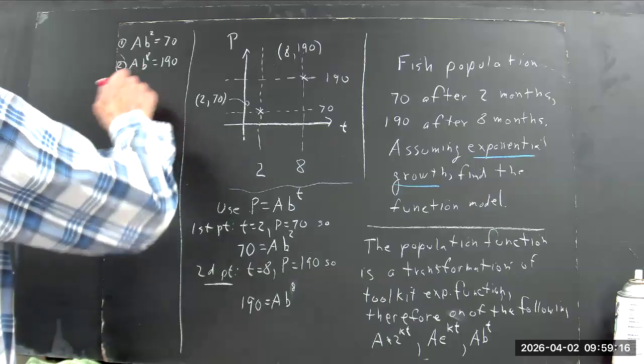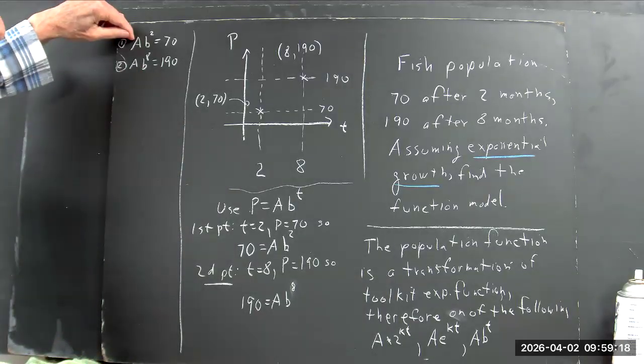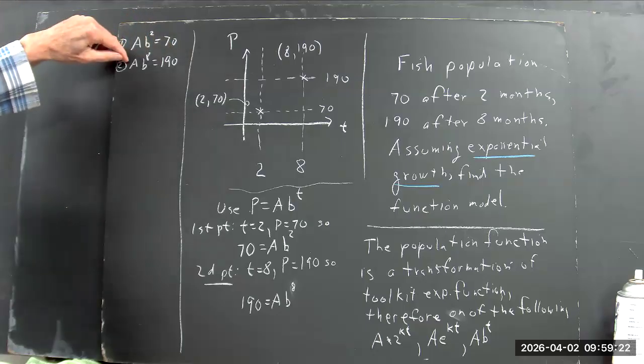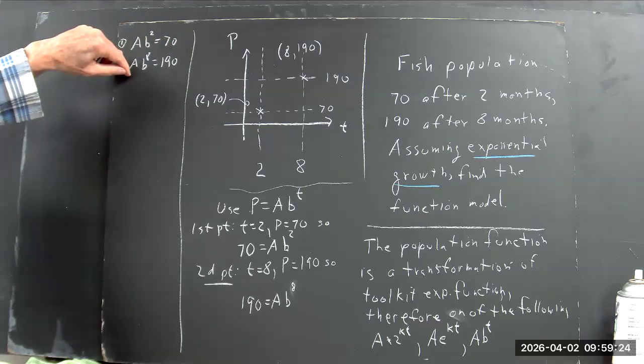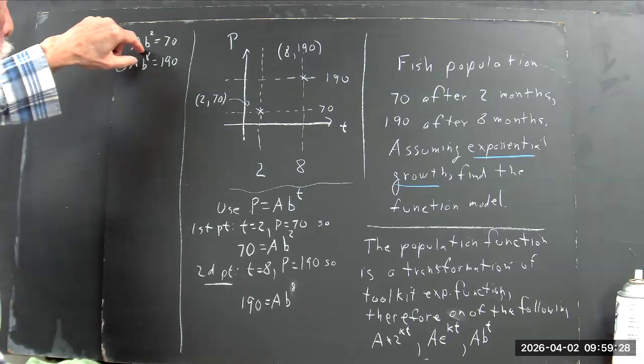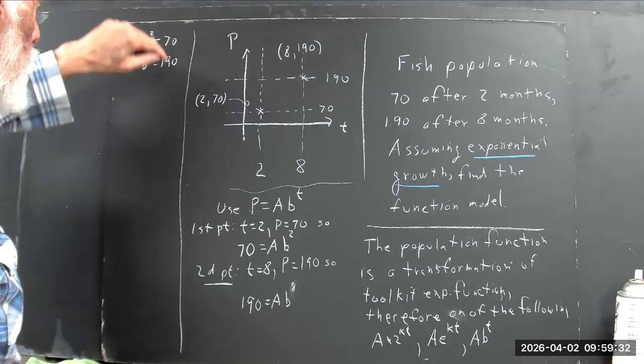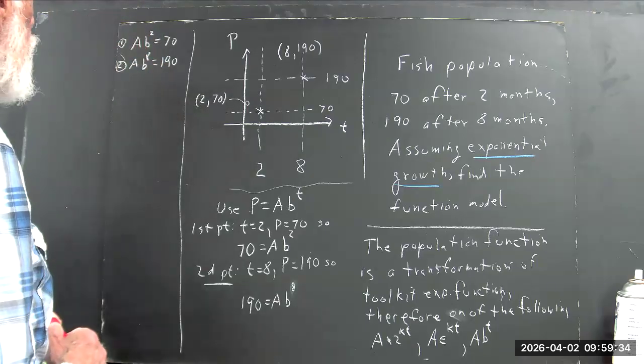There are a number of things we can do. We could solve the first equation for a. We would get 70 over b squared. We'd replace this a by 70 over b squared, and we get b to the 6th equals 70 over 190.